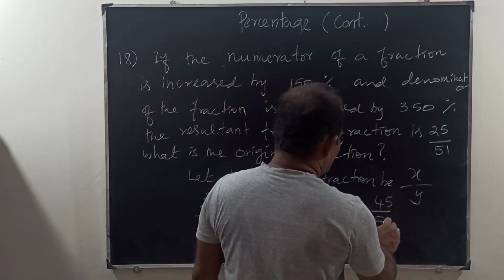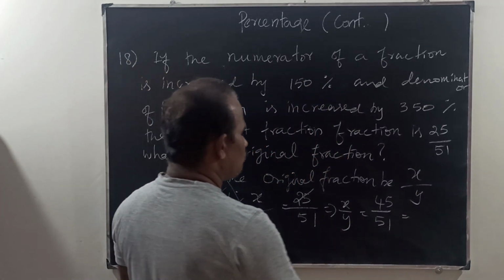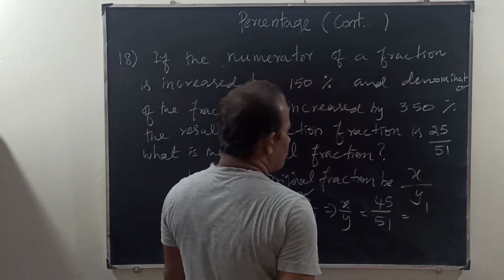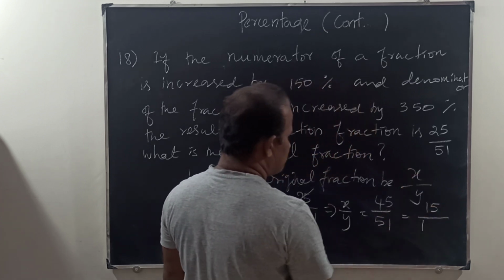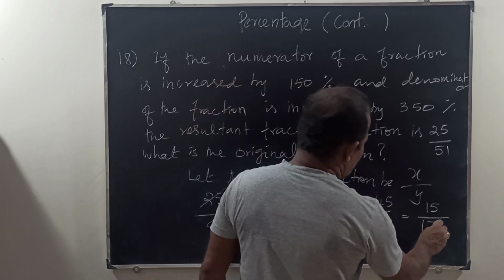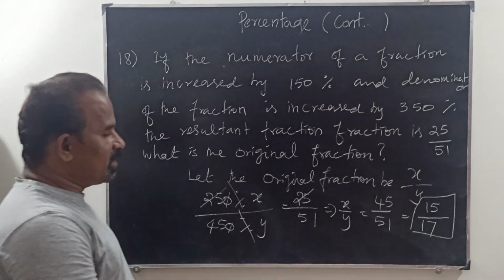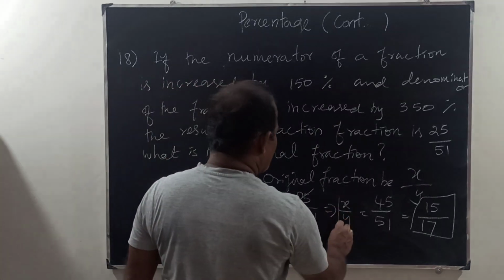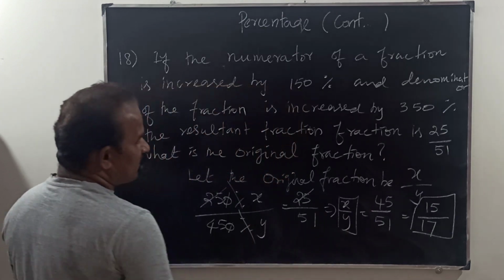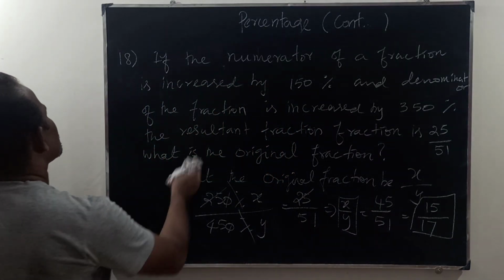I can cancel it by 3. 1 3 is 3, 5 3s are 15; 1 3 is 3, 7 3s are 21. So the answer is 15 by 17. The original fraction is equal to 15 by 17.